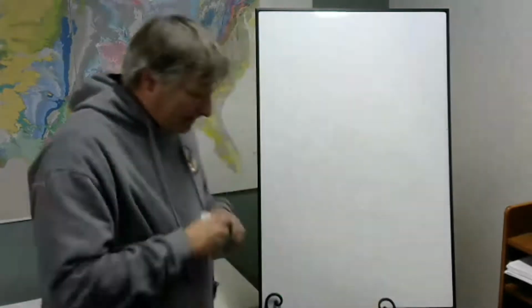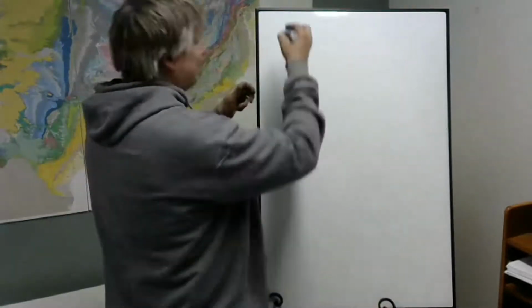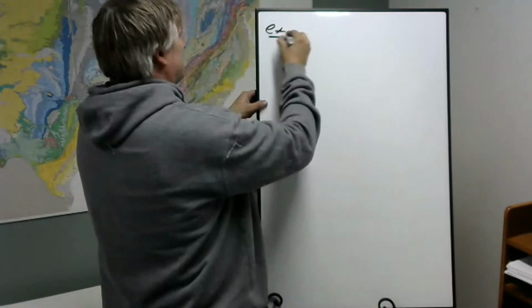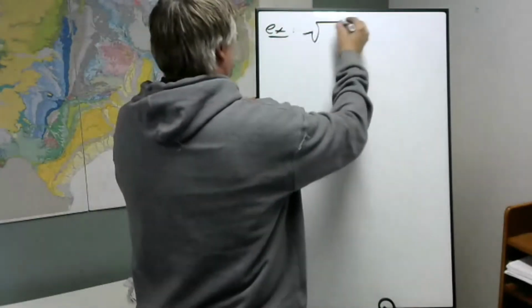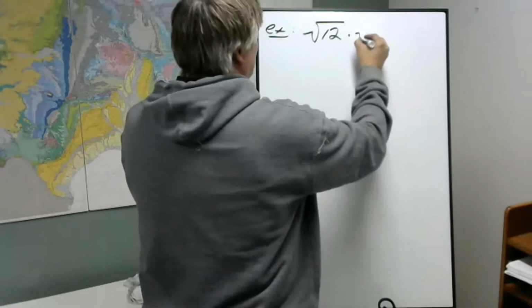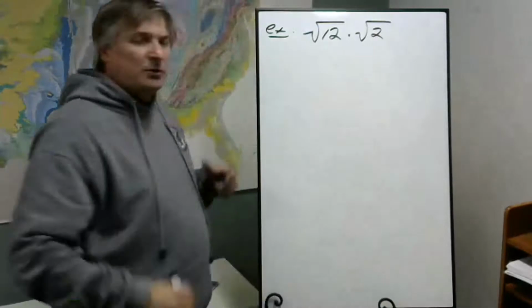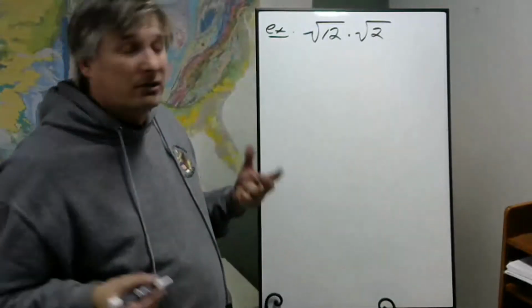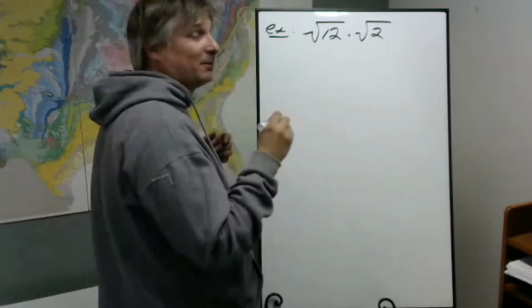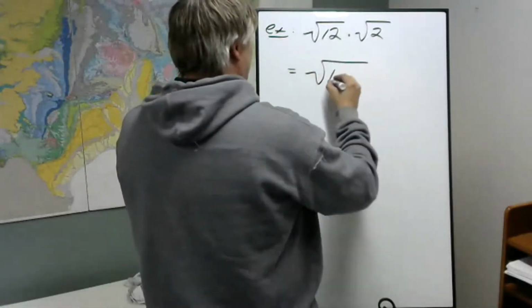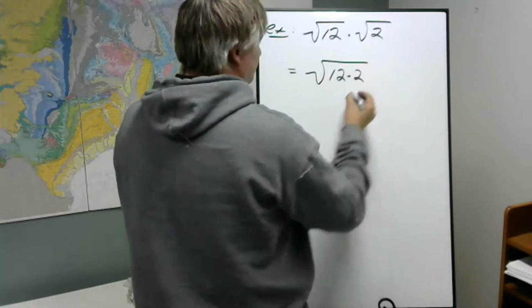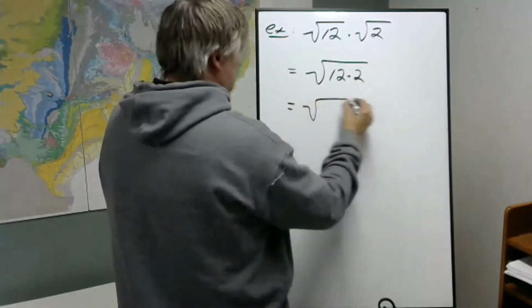So now we're going to go the opposite direction. And this might seem a little redundant, but once we do these multiplications, we're going to have to reduce things or simplify them. So same root, 12 times 2, 24.